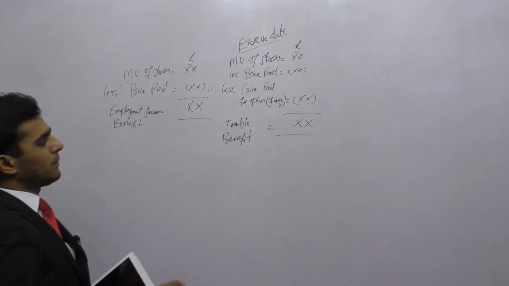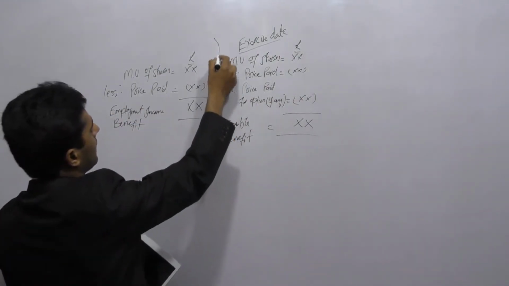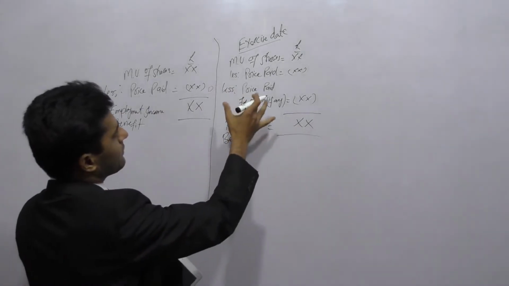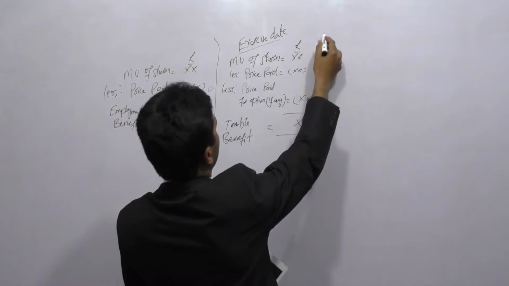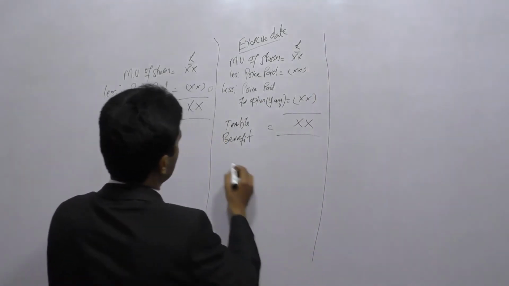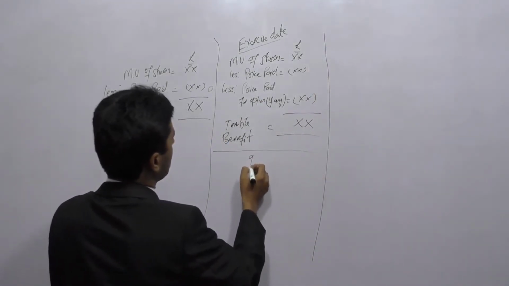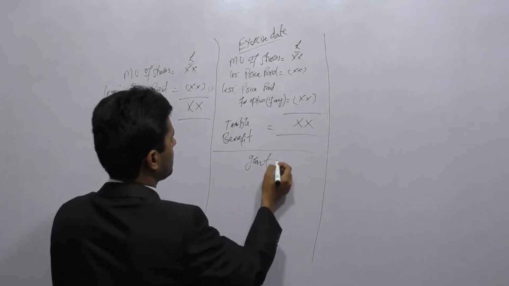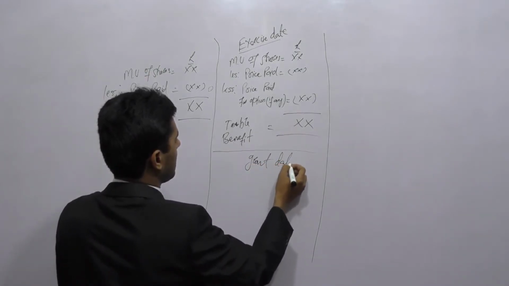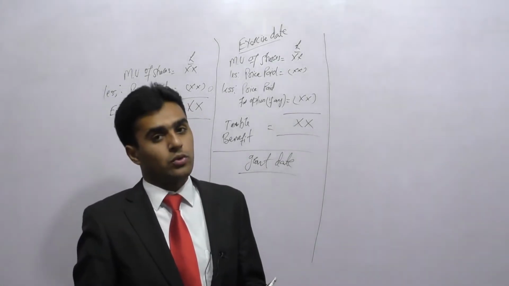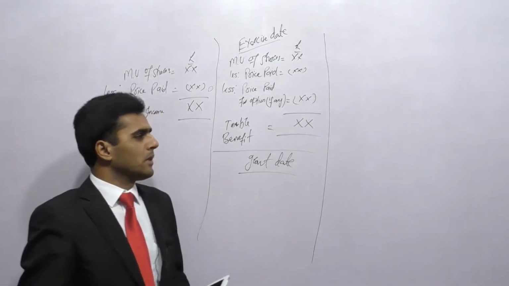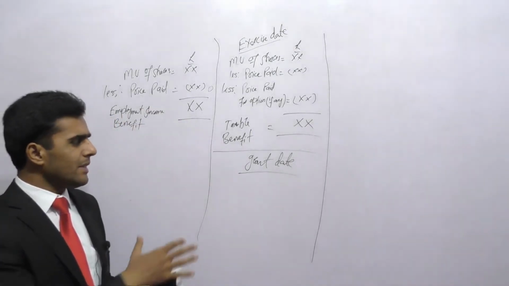Now, we're talking about options, and I've told you about the exercise date. Could you tell me what would happen on the grant date? Would there be any tax benefit on the grant date? Now, the grant date is the date when the options were granted to you, so you were given the options to buy the shares in the future.